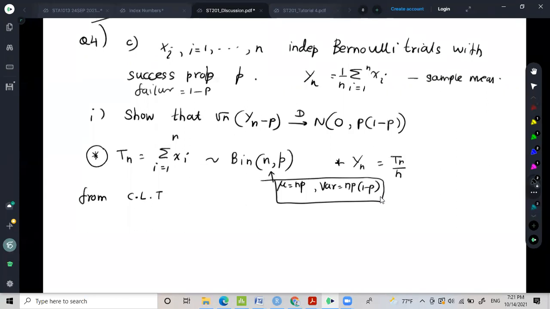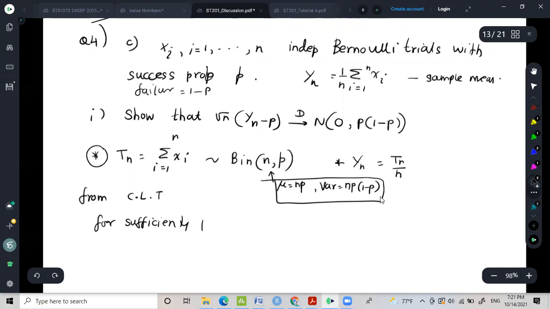So we know that for sufficiently large n, what is our X now? I'm going to write Tn here, for the binomial or this sum.